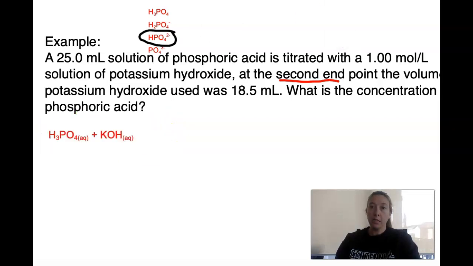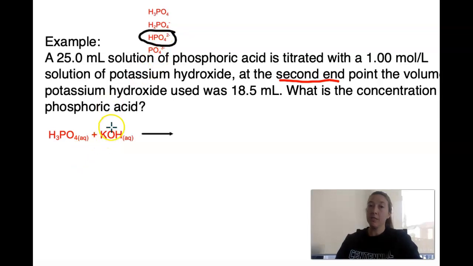Okay, so what is it going to turn into? We know that we're going to make HPO4 2 minus, because it's going to the second equivalence point. It has 2 negatives, so we need to partner it up with 2 positively charged items. The only other positively charged thing we have is the potassium.